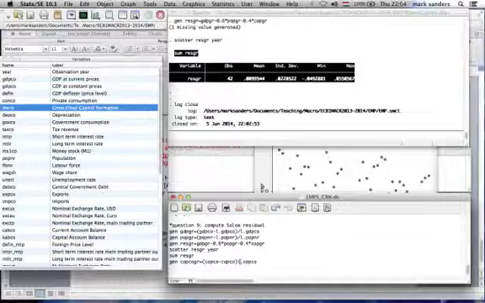So there we go. And once I have that growth rate, I can basically generate residual growth rate 2, which in this case would be the GDP per cap growth rate.